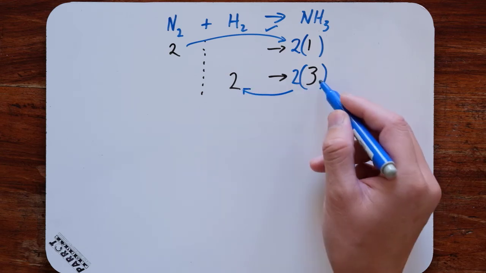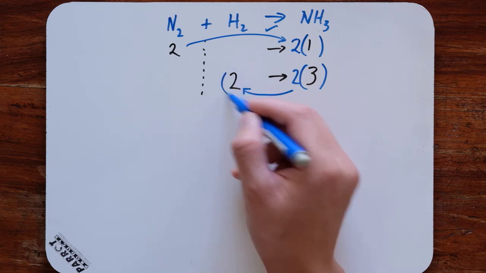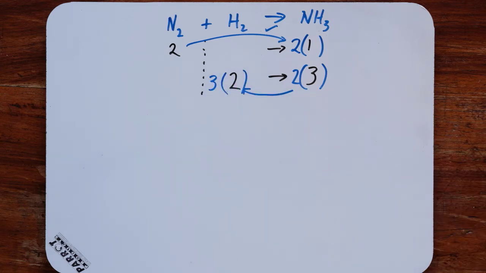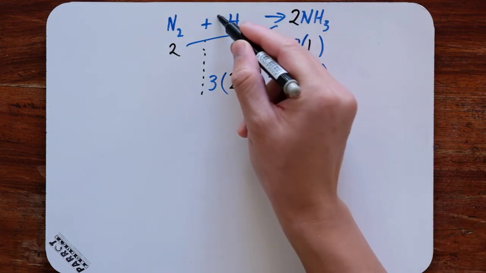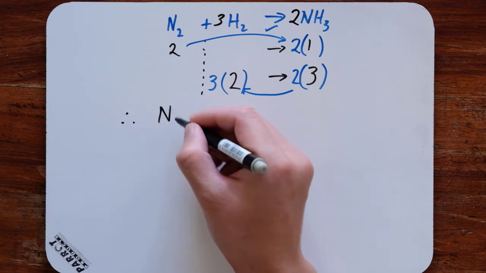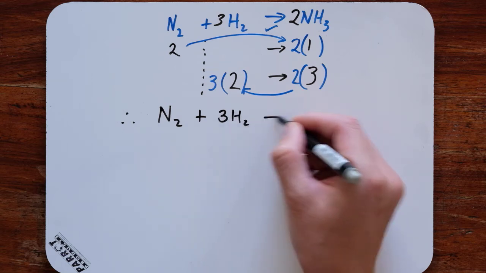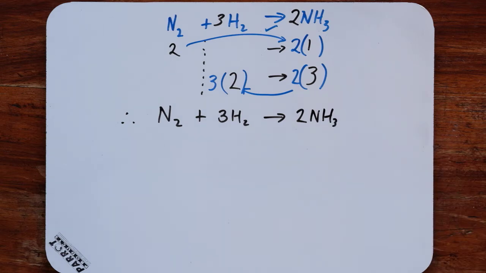How do we get this 2 times 3 to be equal here? Well, all we need to do is multiply this by 3. So, at the end of the day, we can just put the 2 there and the 3 there. So we rewrite it as N2 plus 3H2 gives us 2NH3.